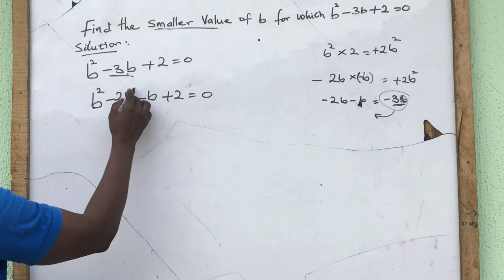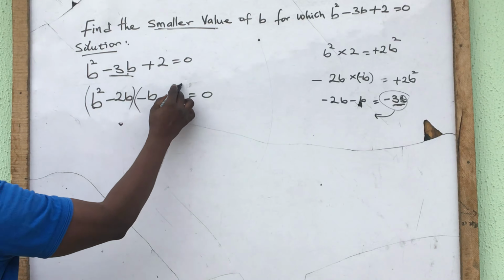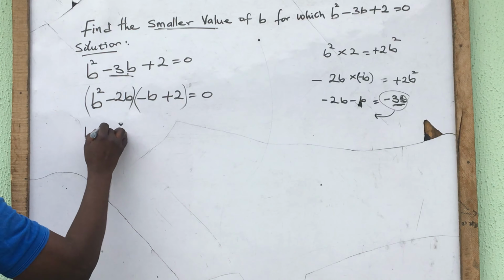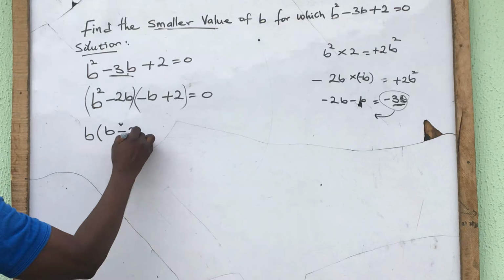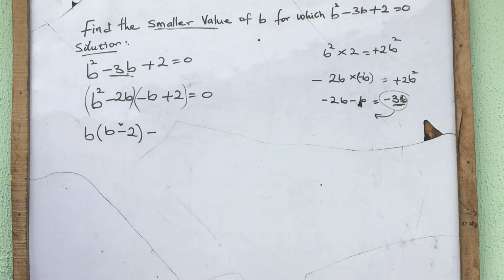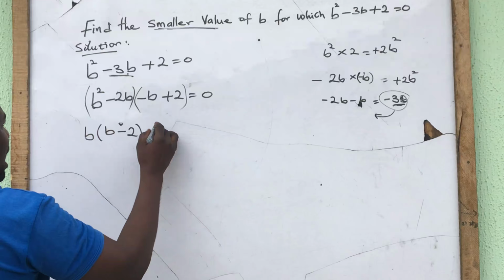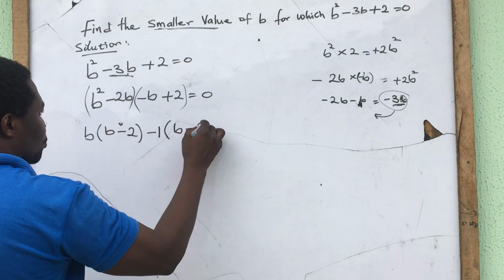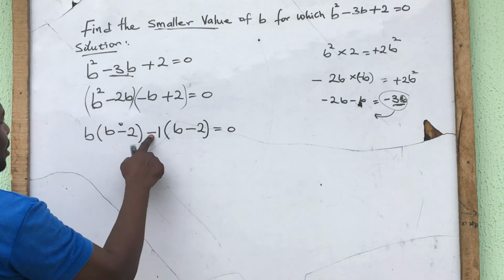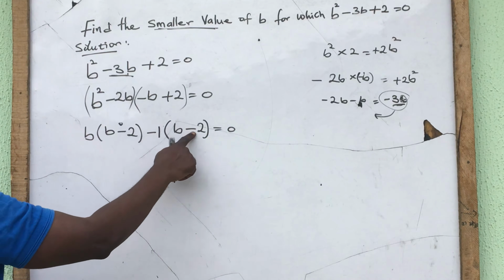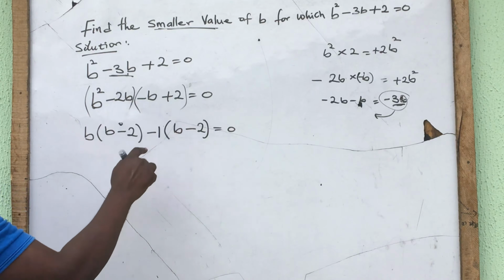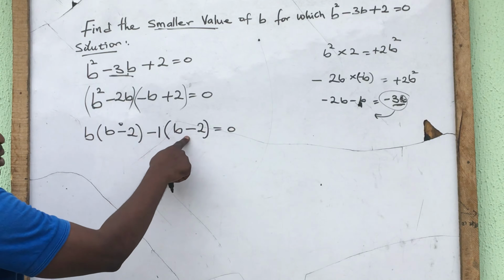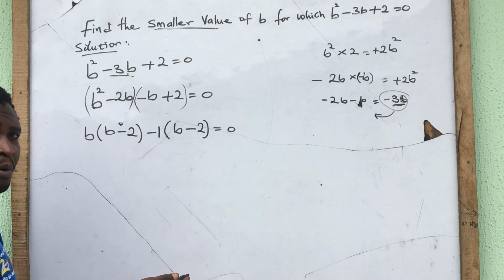With this now, let's group by grouping. So we have b into b minus 2. Then from here we have minus 1 into b minus 2, because minus 1 times minus 2 equals plus 2. So b minus 2 is the common factor.